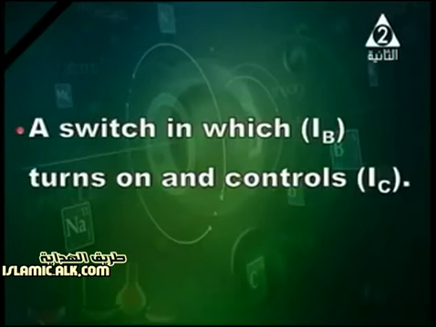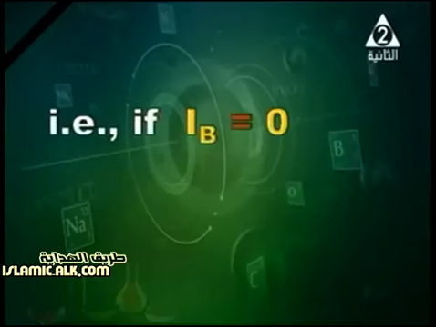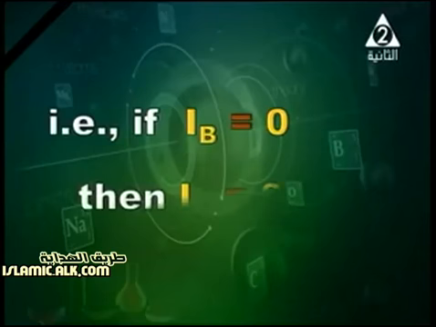Base current controls the collector current. That's to say, if base current equals 0, then collector current will be 0. Once again, base current controls the collector current.